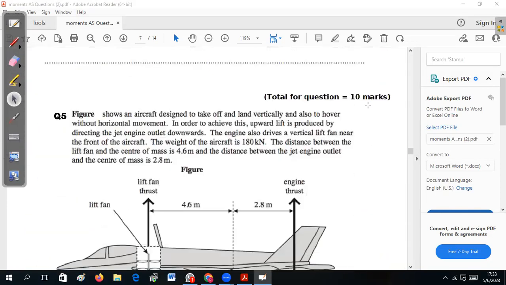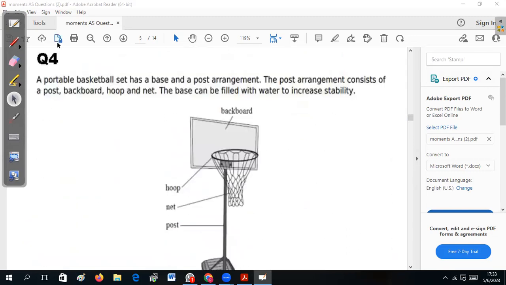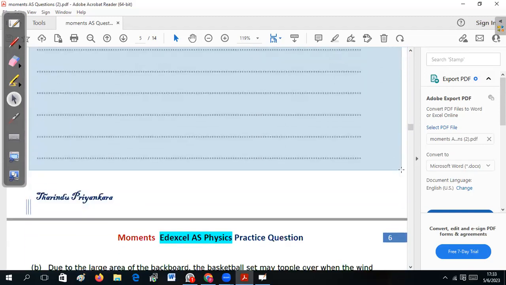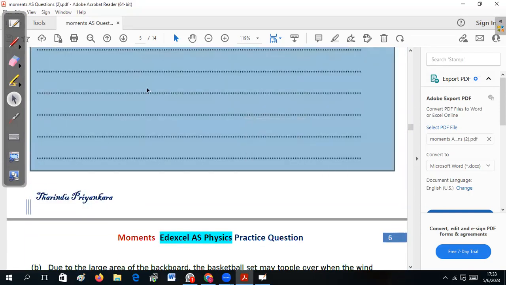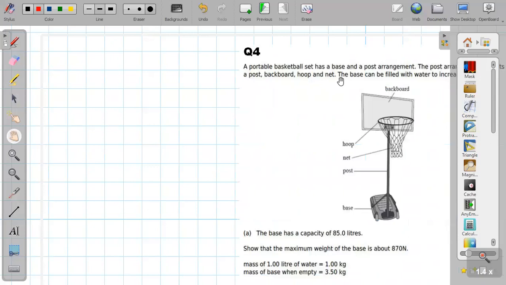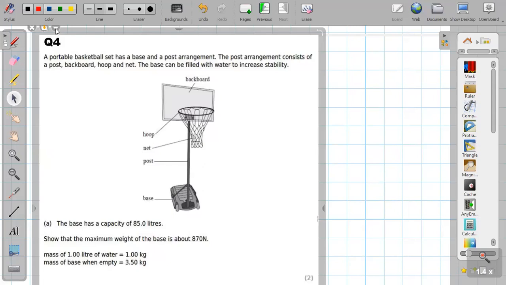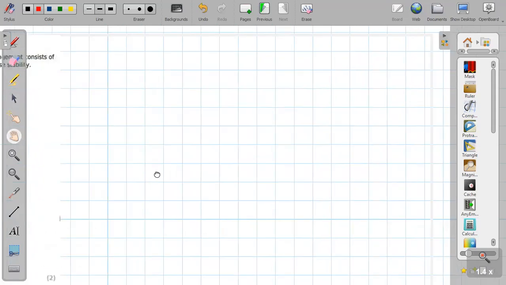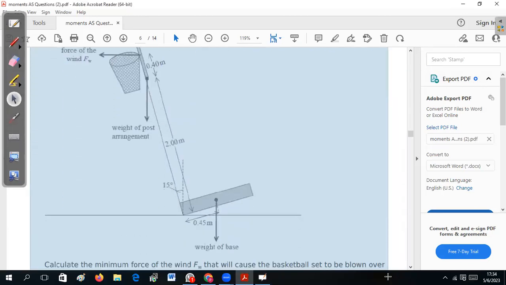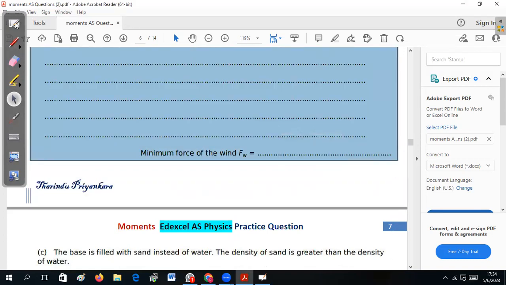So shall we try another one, just a bit hard one? This one, question number 4, is not extremely hard, just a bit hard. And after that, let's straight away go for momentum or force or whatever you want. Now start.